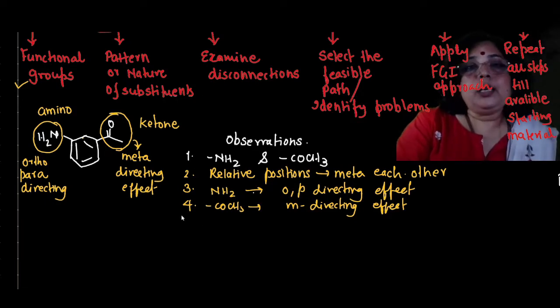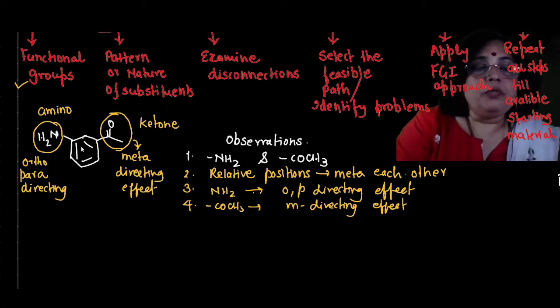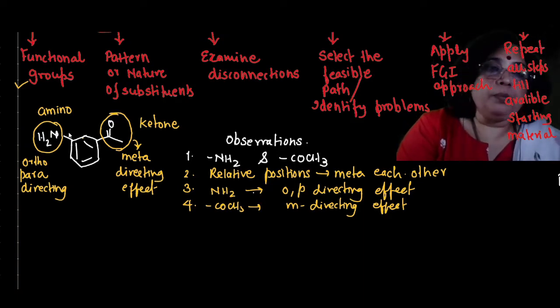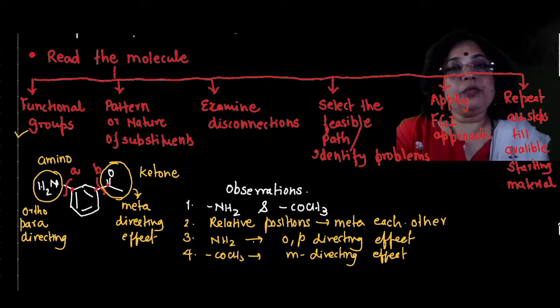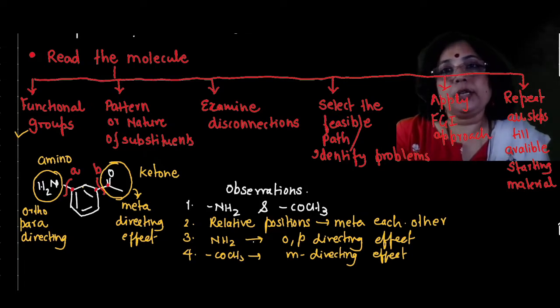Then examine the disconnection. Examination of disconnection means, as I told you in my various examples in previous lectures, when we have discussed the pattern of the molecule and the nature of the substituents.